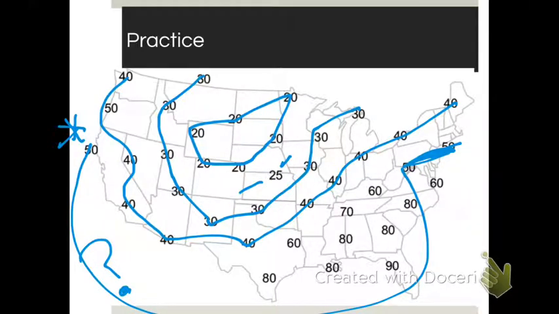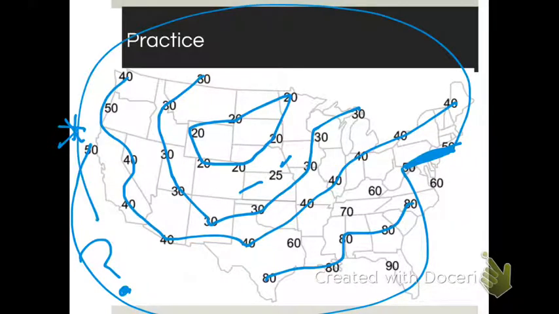So if I did that, then you are making up data, and that's just wrong. So you never do that. You would just connect your little line, and then you would move right along. So I could continue on with 80. And so on, and then you're done. So that's all it is with the isotherm. If you could do connect the dots, you can do isotherms. Just make sure you never loop around the country in a place you don't have data.